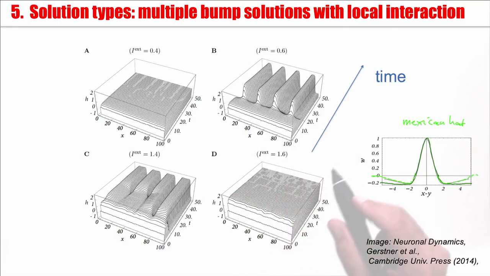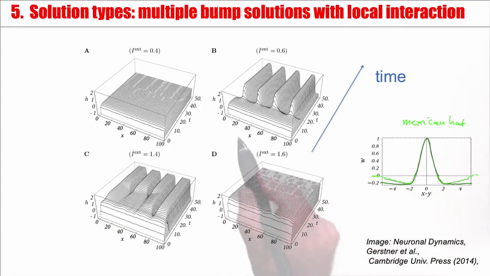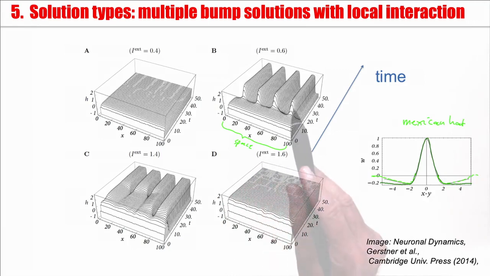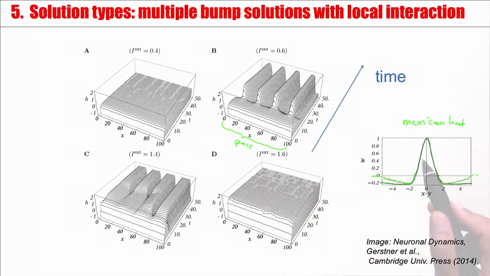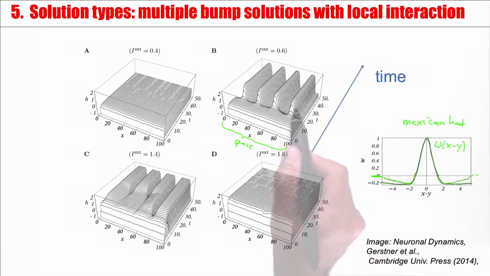So what we see here is the time axis, here is the space axis, and we see that several bumps form: one activity bump sits here, the next one sits here, the next one sits here. Intuitively, if the interaction profile, the W of x minus y, falls off at some distance, here a distance of 5, then it's possible at a distance of 10 to have the next activity bump.